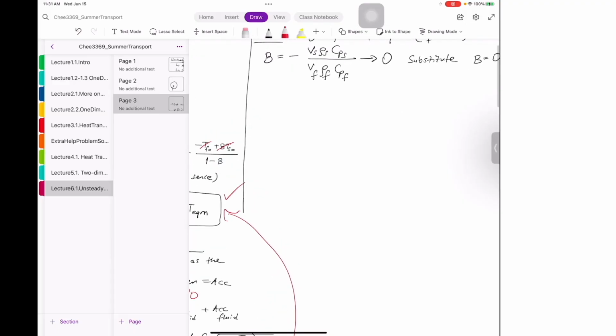So you get Ts is equal to Tf0 plus Ts0 minus Tf0 times exponential.